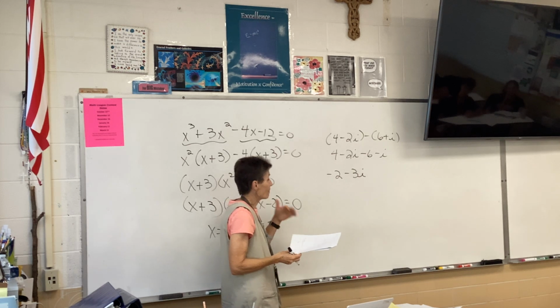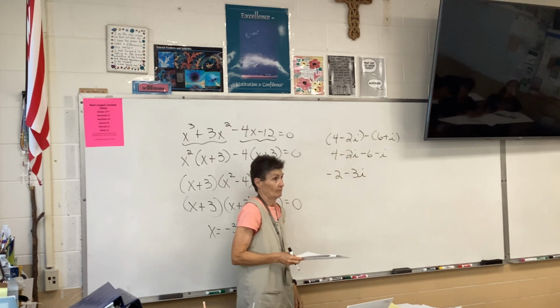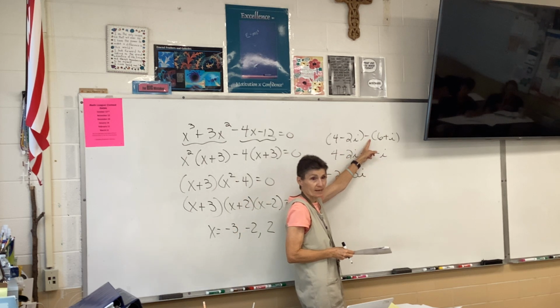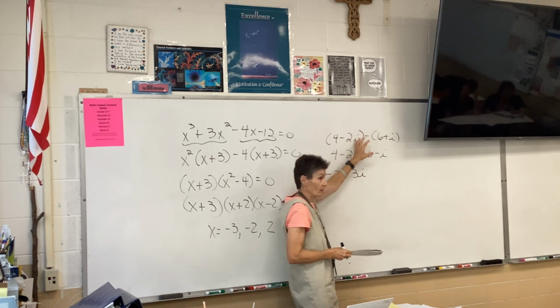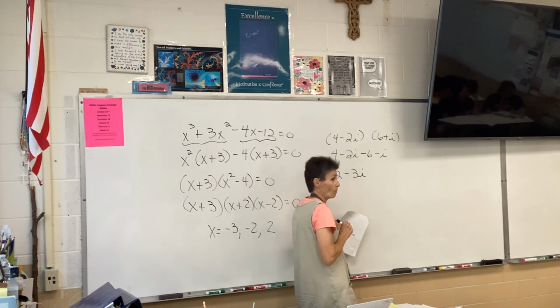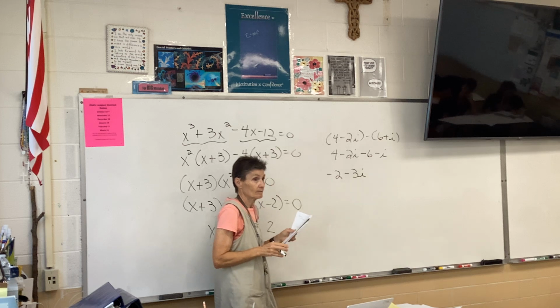Now, does everybody understand why this problem is not a FOIL? It's not a FOIL because it's not a times, it's a subtract. So we're not foiling that one. If it looked like this, with nothing in there, then we would FOIL it. But as it is, we are subtracting it.